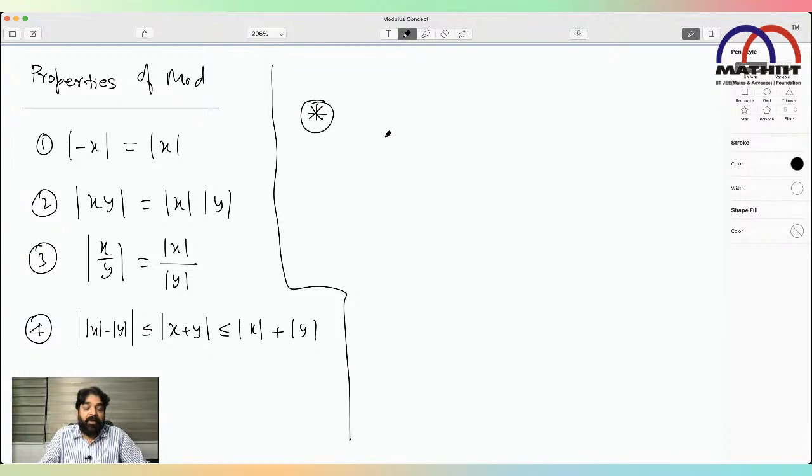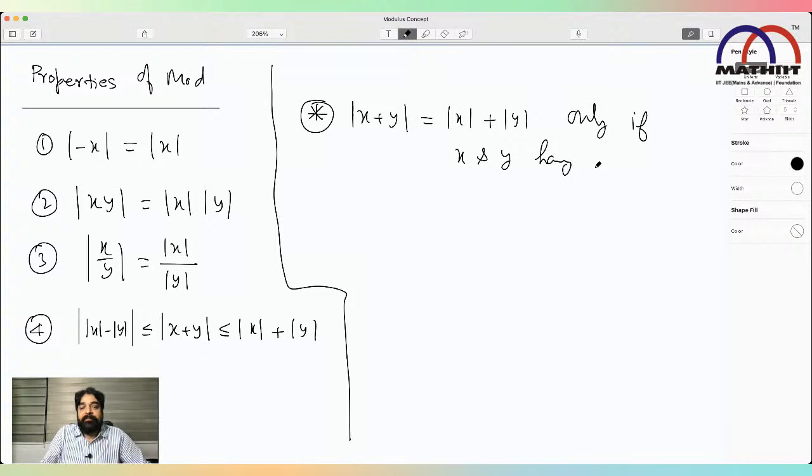So please listen carefully. Mod of x plus y, you can write as mod x plus mod y only if x and y have the same sign.